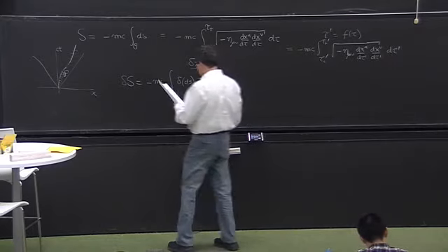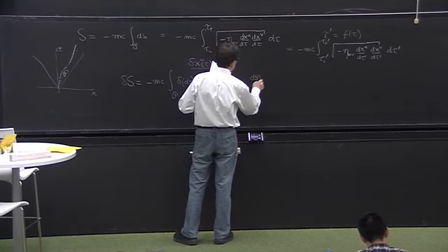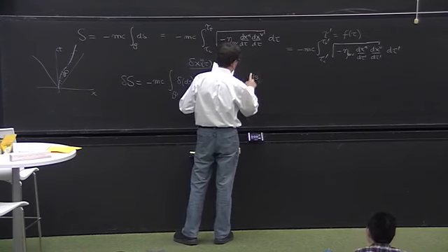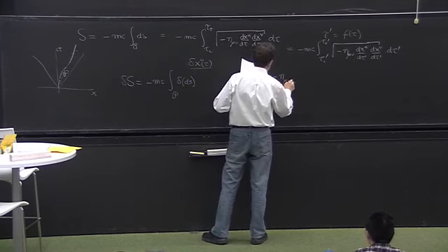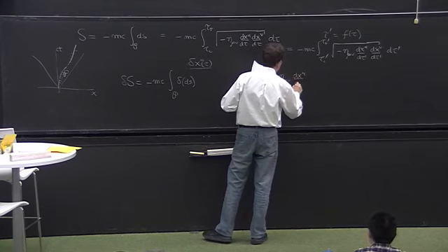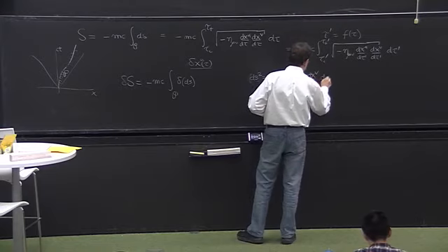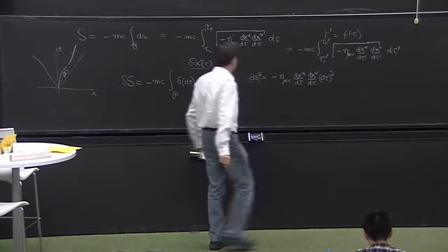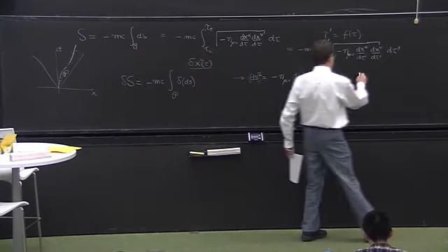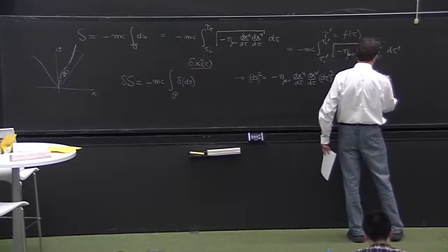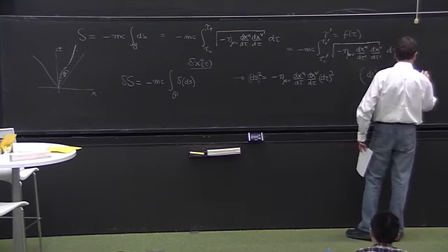Now, the thing you must remember is what we wrote before, that ds squared is minus eta mu nu dx mu d tau dx nu d tau squared. We had that before. It came from basically ds squared equal minus eta mu nu dx mu dx nu.